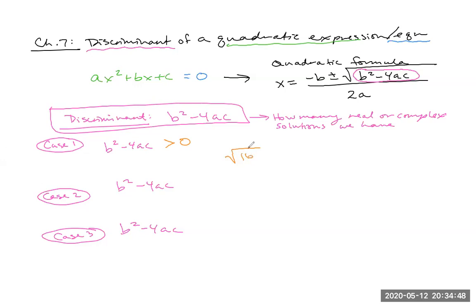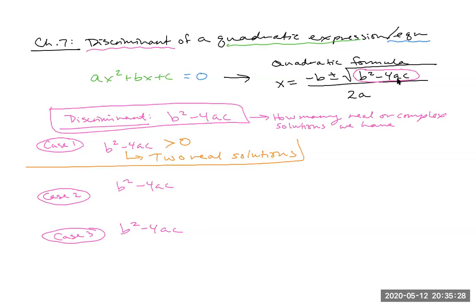Okay, then when you take the square root of 16 with the plus minus in front here, you're either going to get a positive 4 or a negative 4 from your result. Both of these are real numbers. Okay. So if your discriminant is positive, you get two real solutions. Okay, so that's your first case.